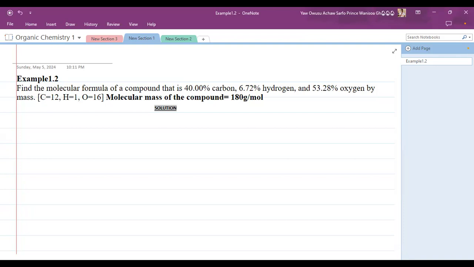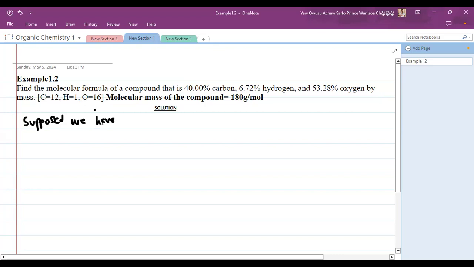So we will start. Suppose we have 100 grams of a compound.